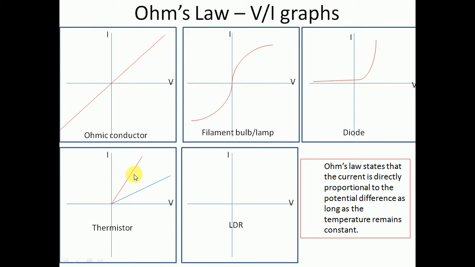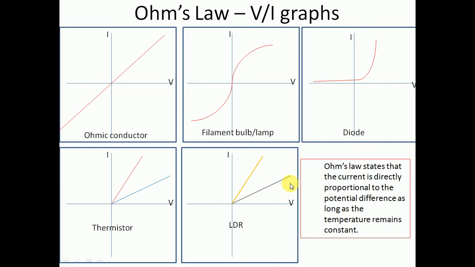Equally, for an LDR, a light dependent resistor, we have a similar type of graph. However, this time the gradient of the line, or the resistance of the resistor, is altered by the light intensity. The yellow line represents bright light, whereas the grey line represents dim light, or low light intensity.